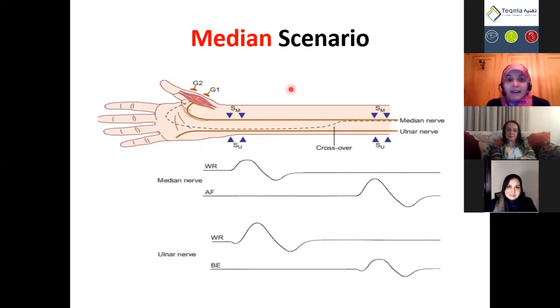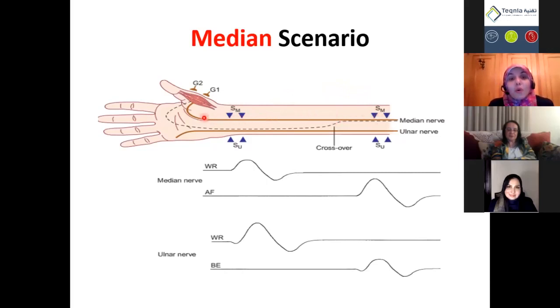The problem here is when you have carpal tunnel. In carpal tunnel, you will have fibers under the carpal tunnel, and these fibers are over the carpal tunnel. So you expect that these fibers are much faster than these fibers. So stimulating the wrist, you will have no problem. But when you stimulate the elbow, you have two pathways.